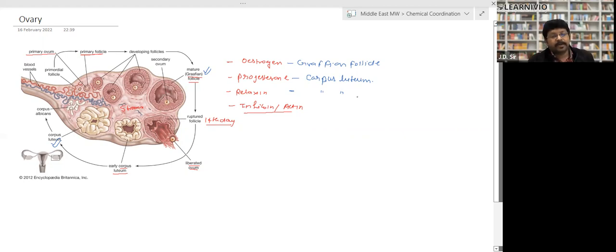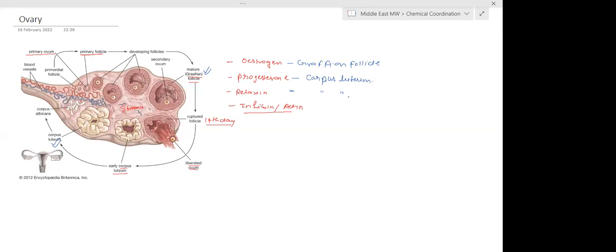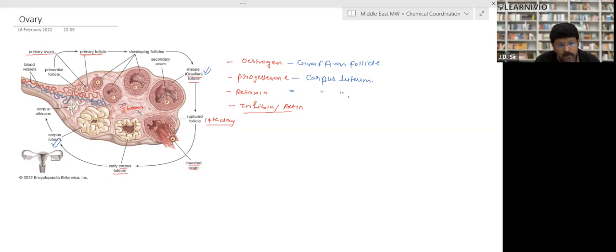It is secreted during the later stage of pregnancy.